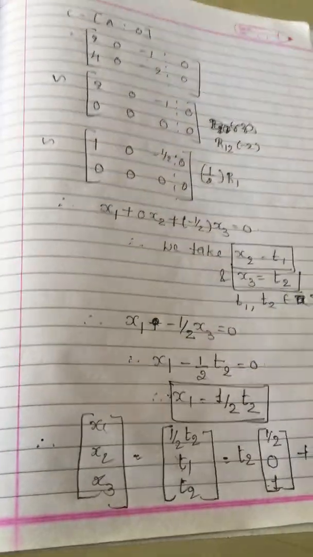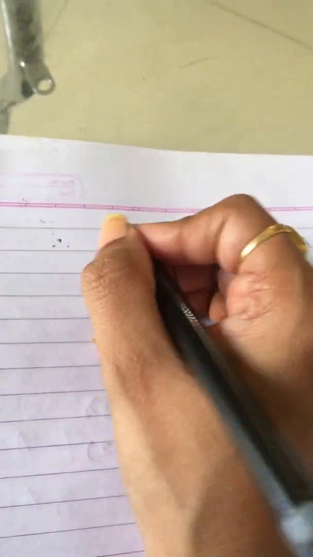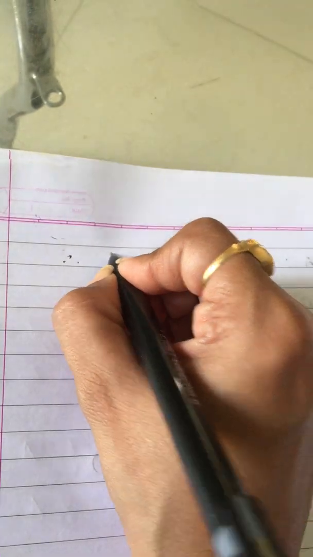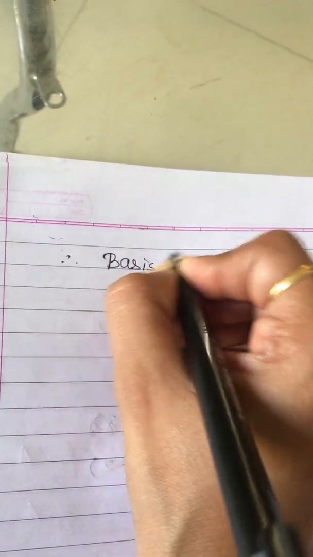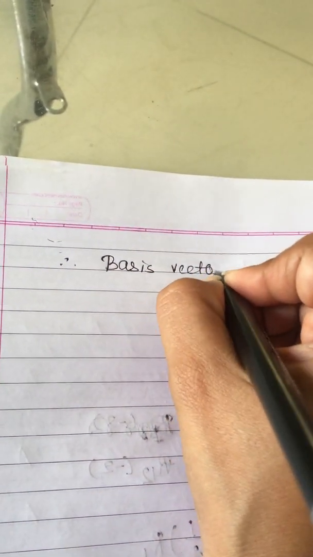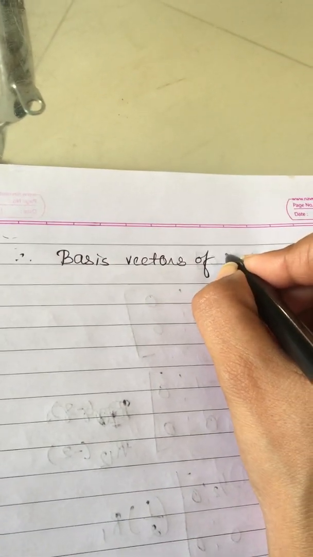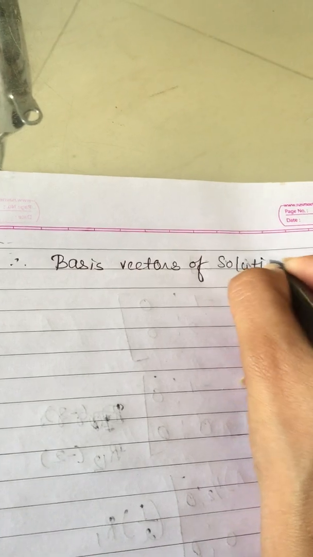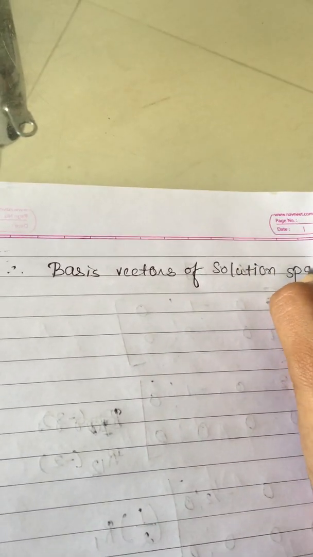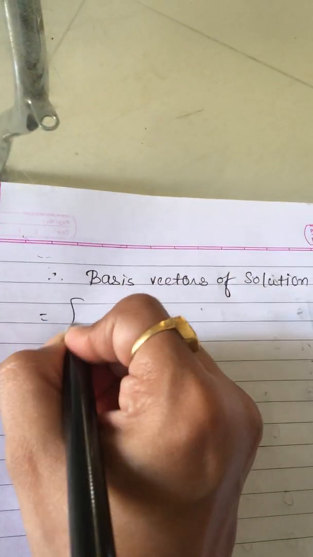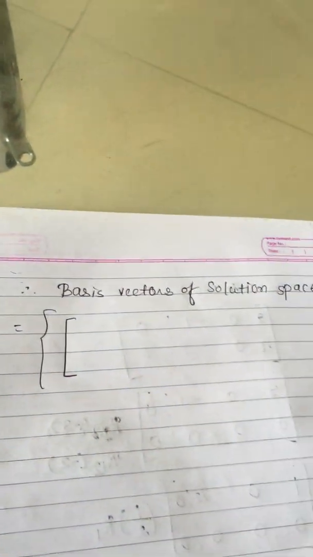So therefore, the basis vectors of the solution space is equal to: first you write down the vector which is multiplied with your t1, and then t2.